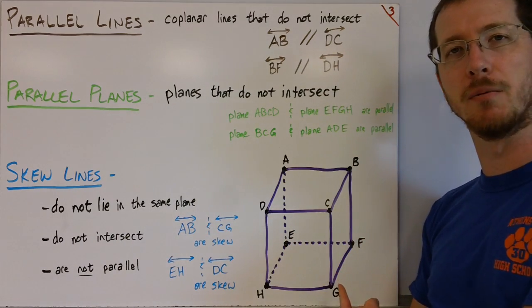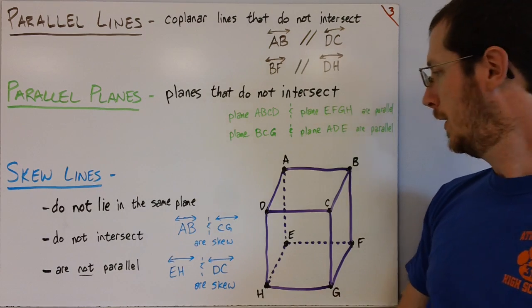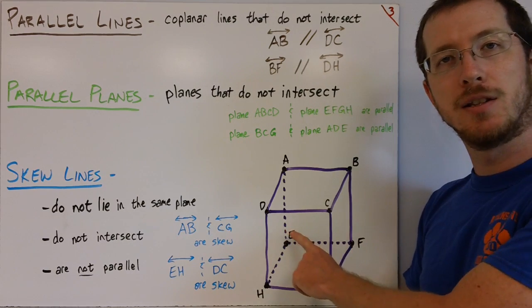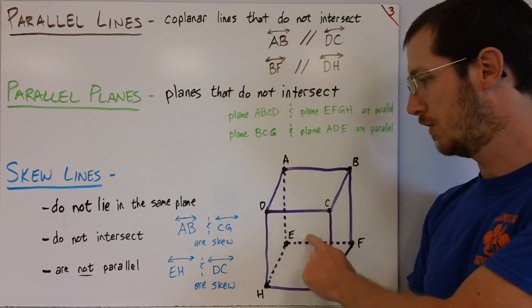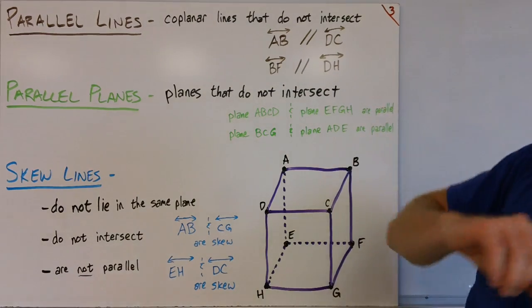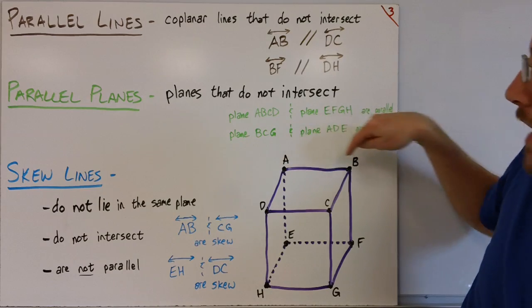So look at our diagram here, similar diagrams to the last video. We've got a three-dimensional figure. Again, keep in mind the dashed lines indicate that if this were a solid figure that you couldn't see through, those would be edges that you could not see. Okay, so a couple examples of parallel lines in this diagram. We've got line AB.